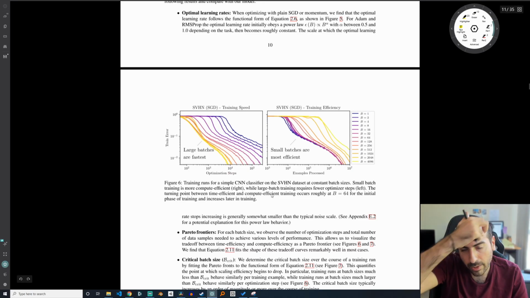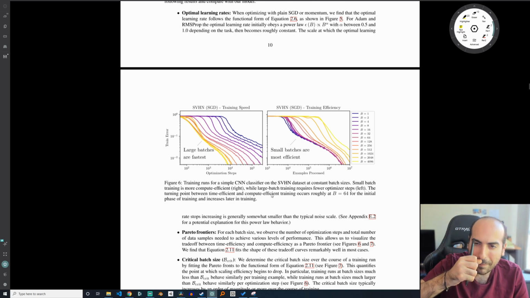Okay, so the darker batch sizes are small batches are efficient, larger batches are fast. Oh, interesting. Yeah.